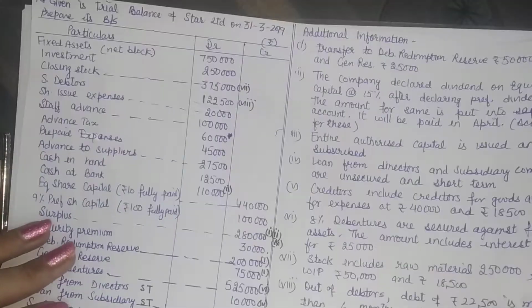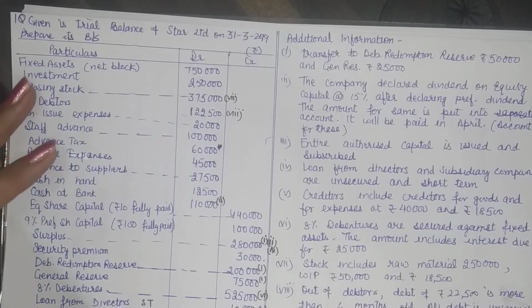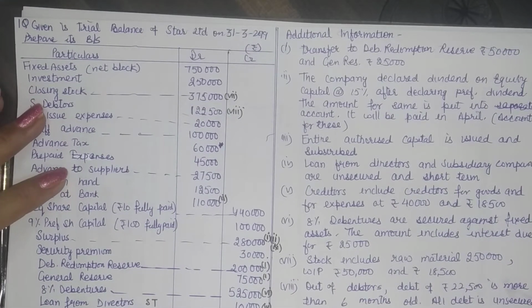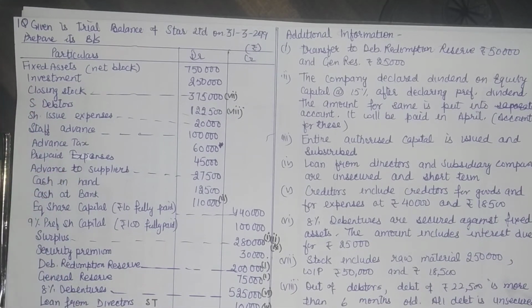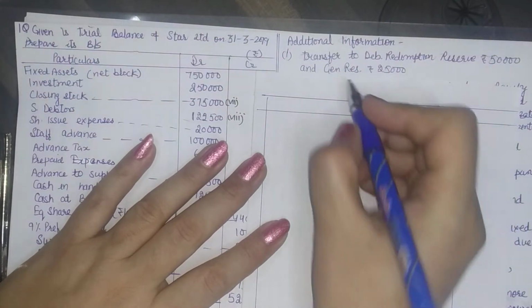Now in order to prepare the balance sheet, we all know that it is to be prepared in a separate format and all the categories and subcategories must be given. All right. So what we can do right now is that we can make a simple format.